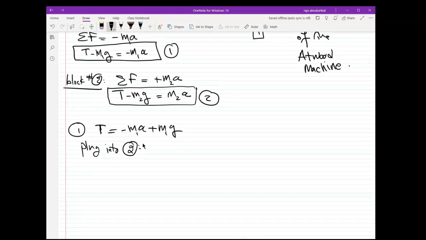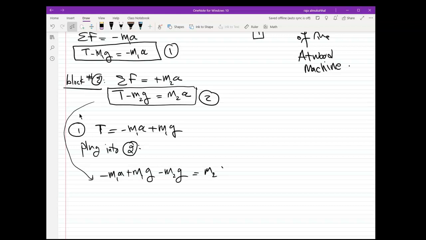So for 2, I start with T right here, so substitute: minus m1a plus m1g minus m2g equals m2a.